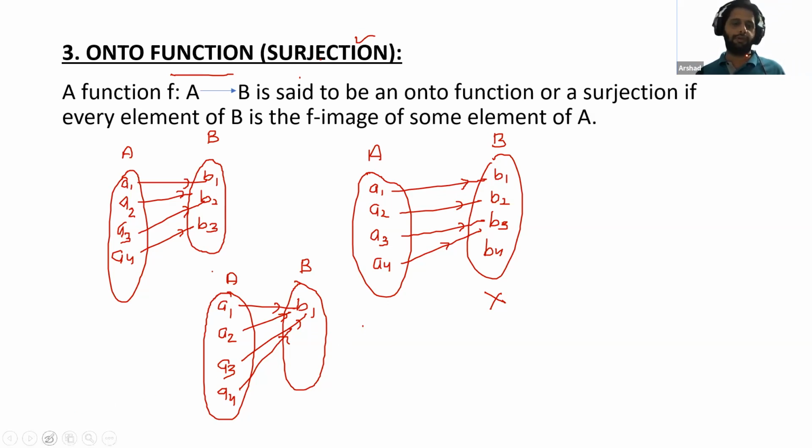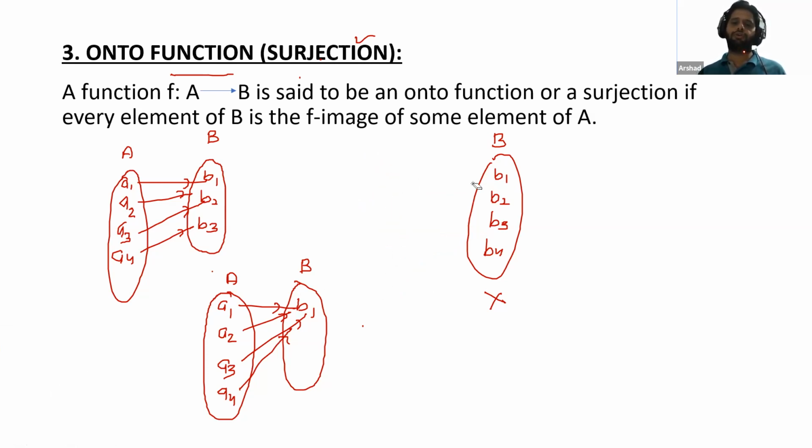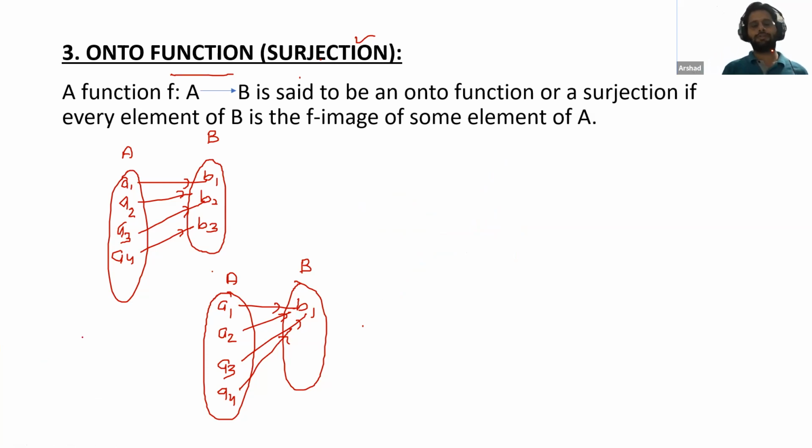Okay, Huzefa, very, very good. So yes, this is also an onto function. So please note down the definition of onto function and you can note down any of these examples. Then please raise your hand if this is done. Then we will start the next type, which is an into function, which is just the opposite of onto function. So please note down this.